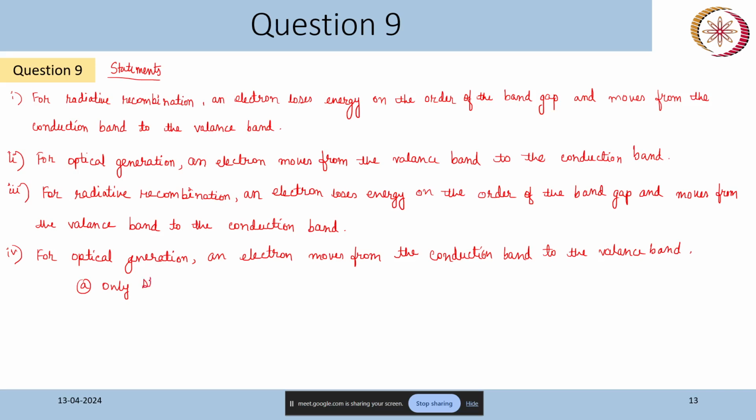Option A: only statements 1 and 2 are true. Option B: only statements 1 and 5 are true.